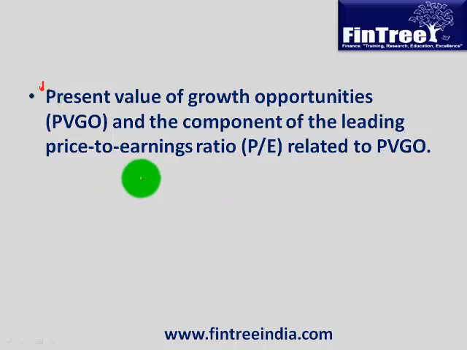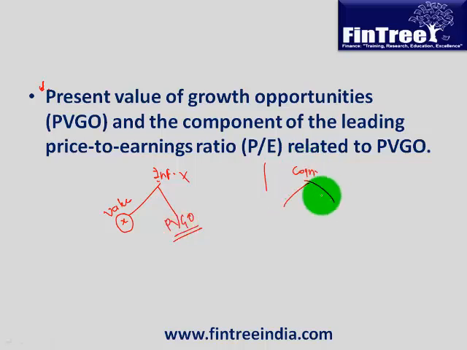So if you're looking at two companies, let us say Infosys and Cognizant, what you want to find out is, when I pay some X price, how much of that X actually comes from the value perspective, and how much extra I'm paying because I'm expecting higher earnings in the future. And that extra component, which is the growth component, is called PVGO, present value of growth opportunities.